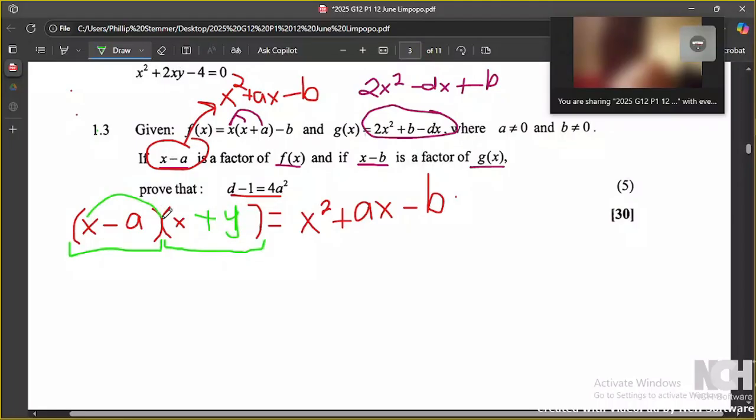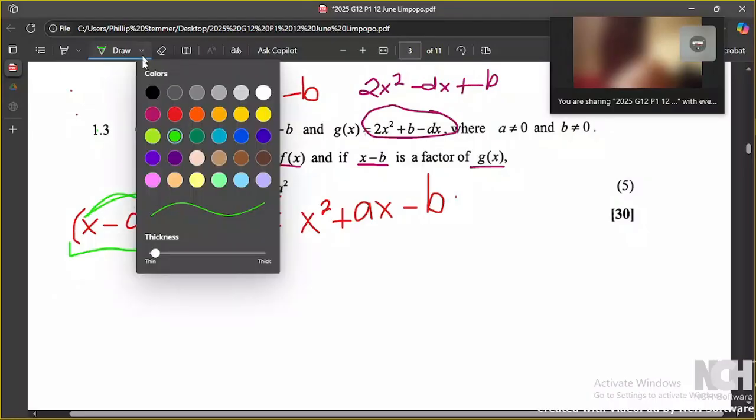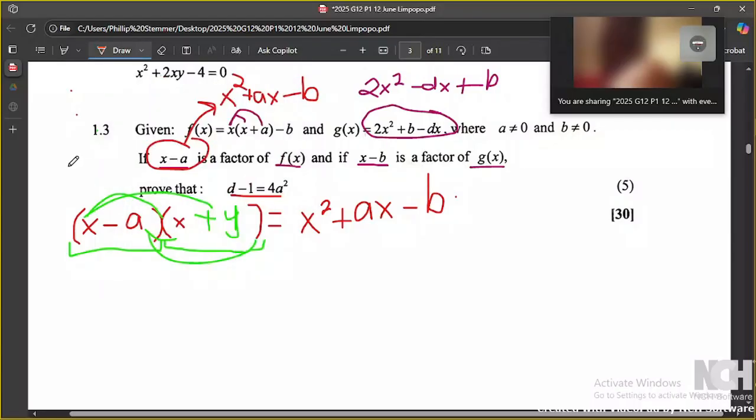Now I resolve this side: x minus a times x plus y gives x squared plus xy minus ax minus ay.